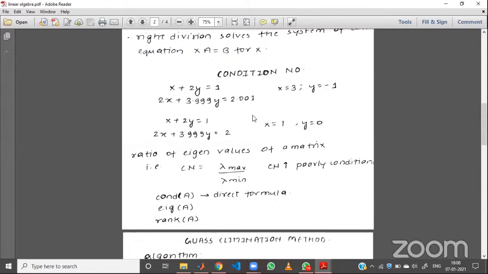And the same equation with just a variance, 2.001 written as 2, will have a completely different solution, x equal to 1 and y equal to 0. So this depends upon the condition number of the matrix. And what is the condition number of the matrix? It is the ratio of the maximum value of the eigenvalue to the minimum value of the eigenvalue of the matrix A.